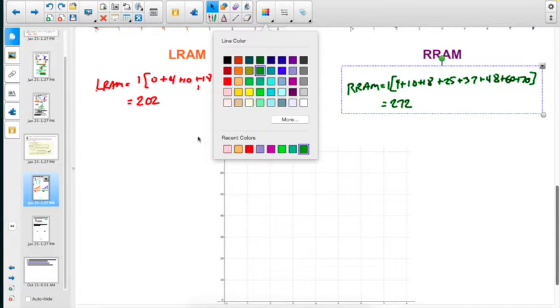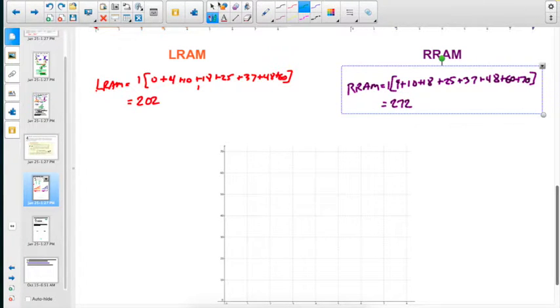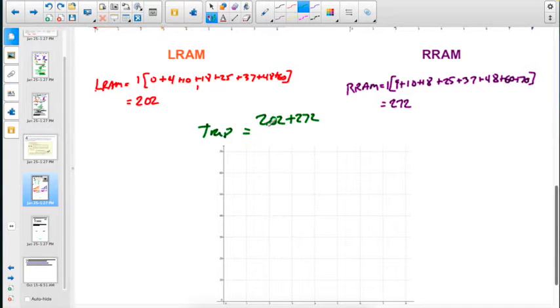Our trap RAM is going to be 202 plus 272 divided by 2.